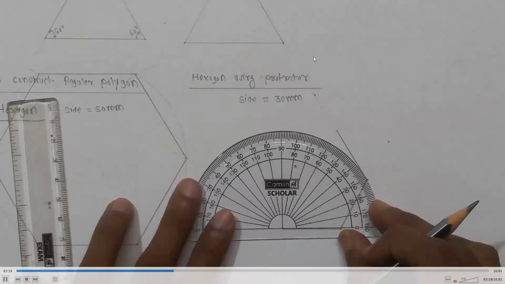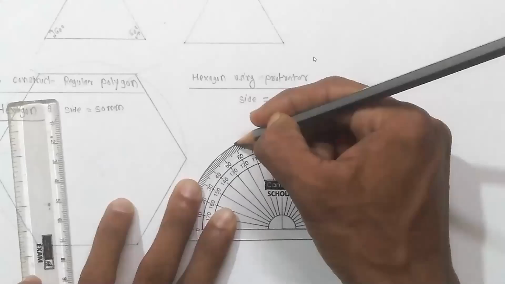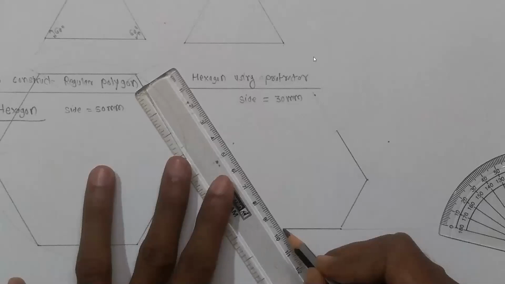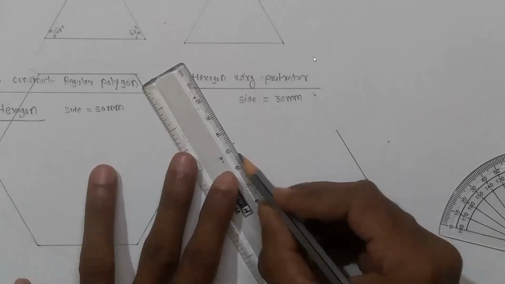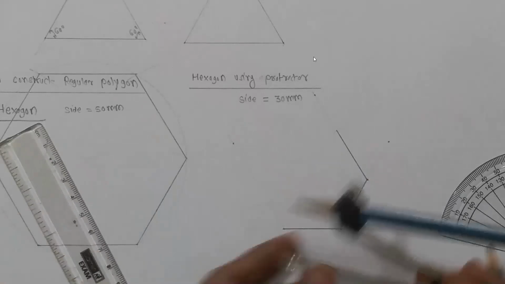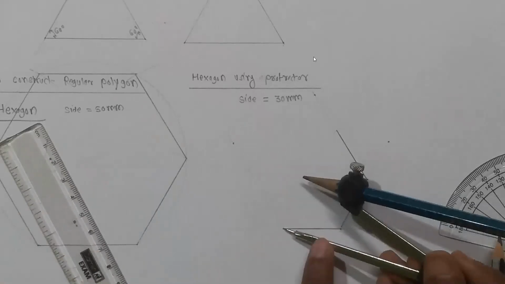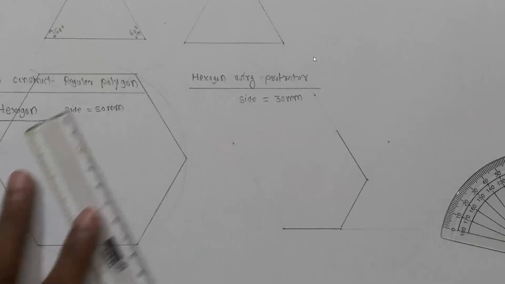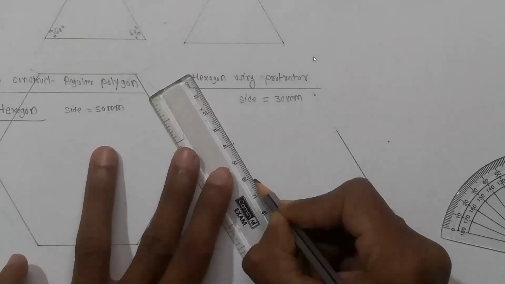So in the second method, by using a protractor, you can draw the hexagon. So we have to take the angle 60 degree. So no need to use the compass. You can mark the side just by using a scale.